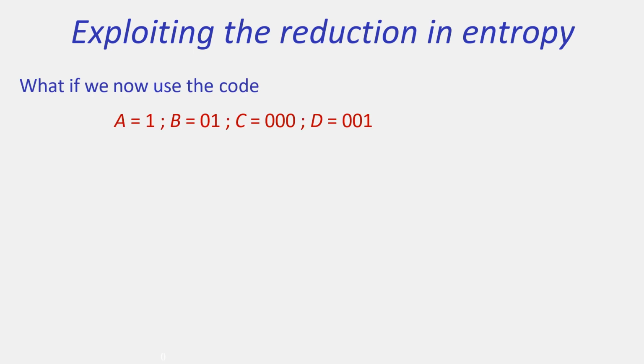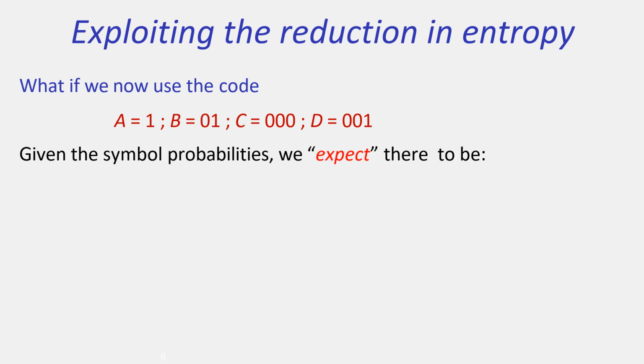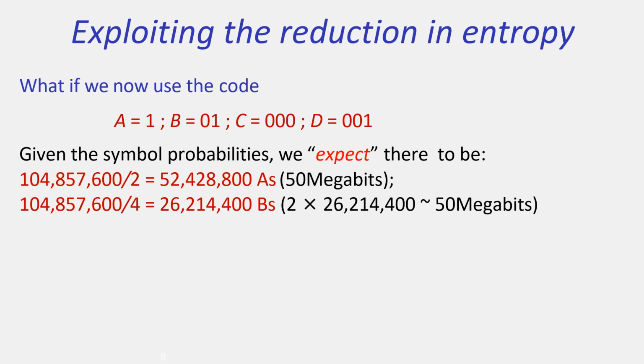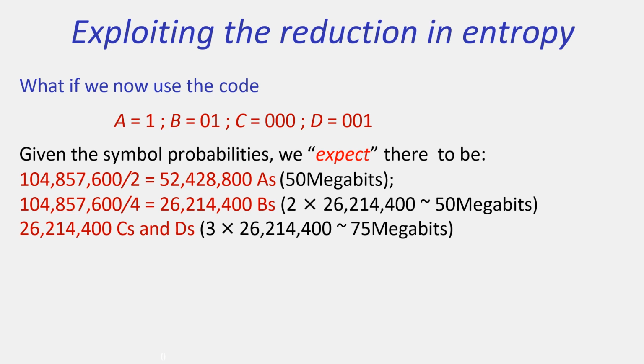We use a single bit for our most frequently occurring character A. We use 2 bits for B, a 0 followed by a 1, and 3 bits for C and D. If we look at the expected amount of data that we're going to have to transmit, we expect to use 50 megabits on sending A's, another 50 megabits on sending B's, and 75 megabits sending C's and D's.